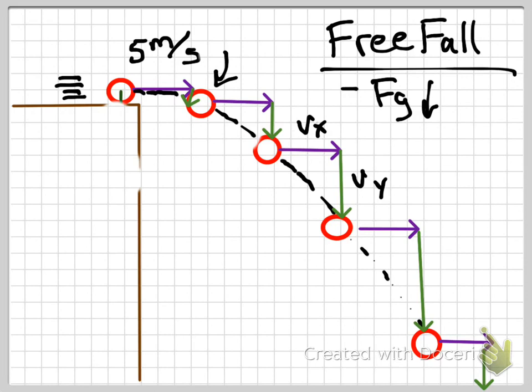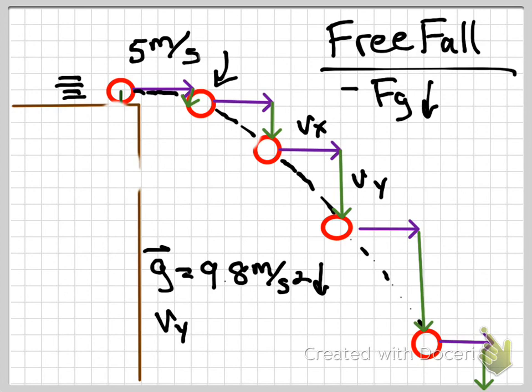So what is this factor that it increases? Well, if you remember, g, the acceleration of gravity, it's acceleration, so it's a vector. So we can now put that above there, is 9.8 meters per second squared downward. So every second that goes by, your y velocity increases in speed.